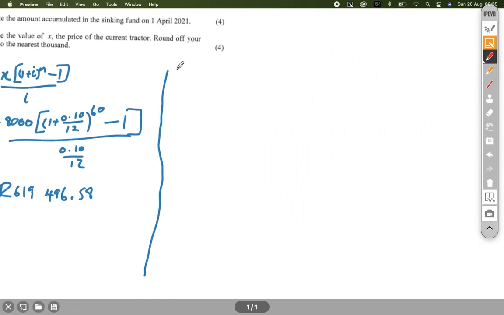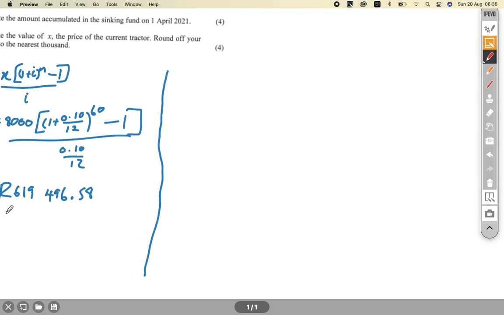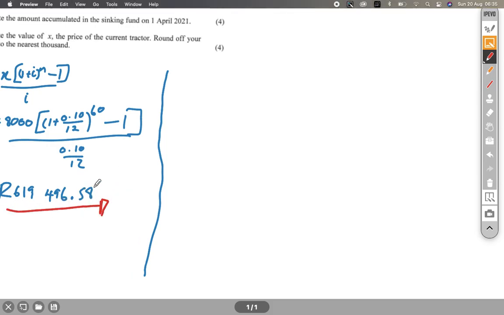Okay, so now remember, if we are trying to calculate the value of something, she already knows that this is the price of the similar new tractor after 5 years.